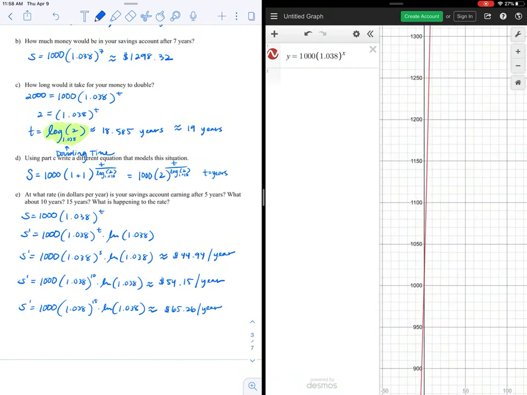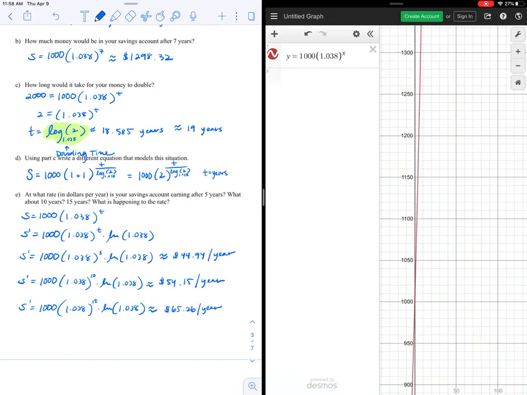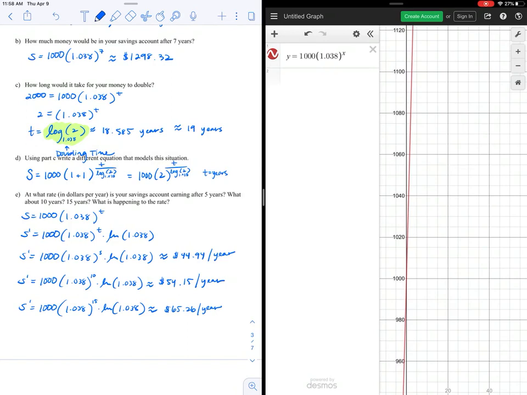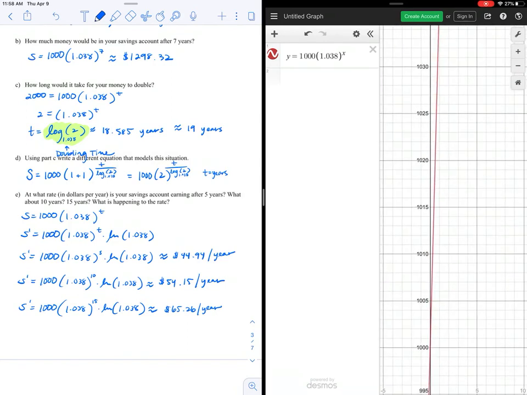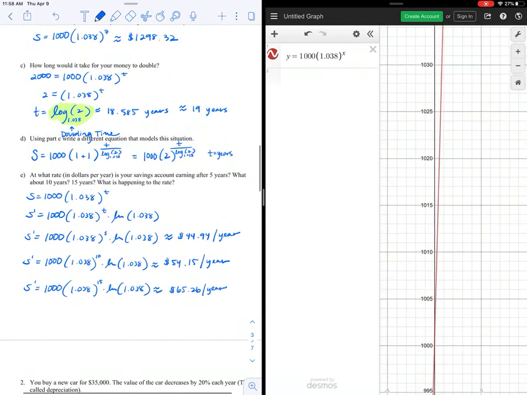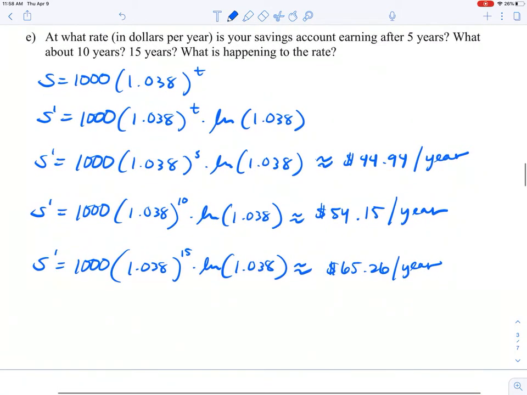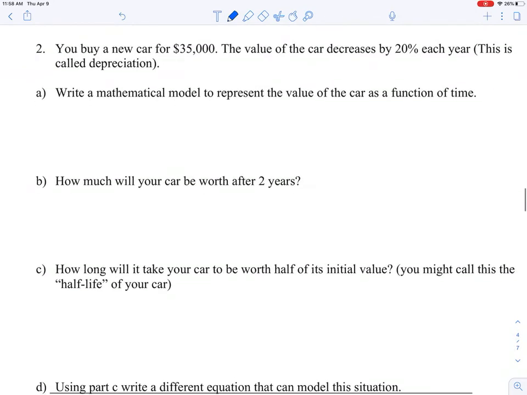So we have the initial amount of 1,000 that we put in, and you can see that the steepness of this graph, that the amount of money starts increasing pretty quickly from that $1,000. So the slopes of the tangent line end up getting steeper and steeper and steeper, meaning that that instantaneous rate of change, so the rate of increase in dollars per year, is going up and up and up.